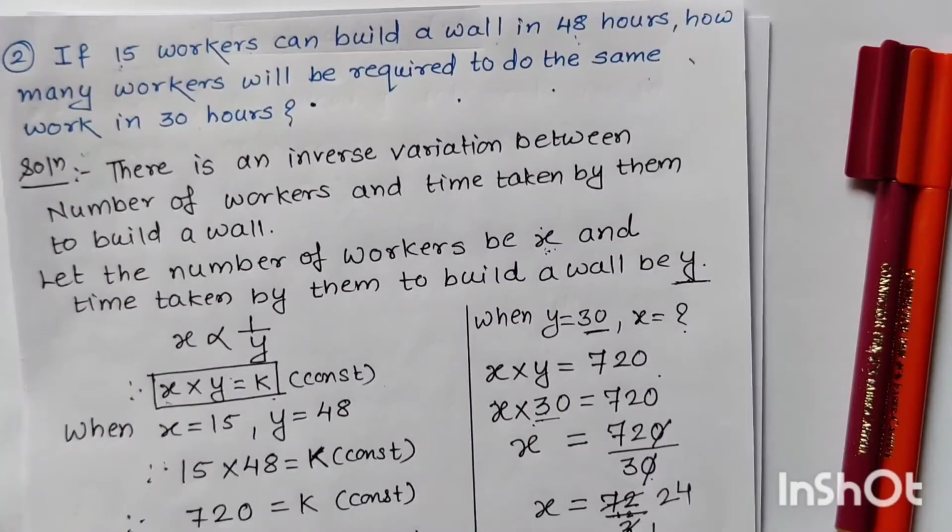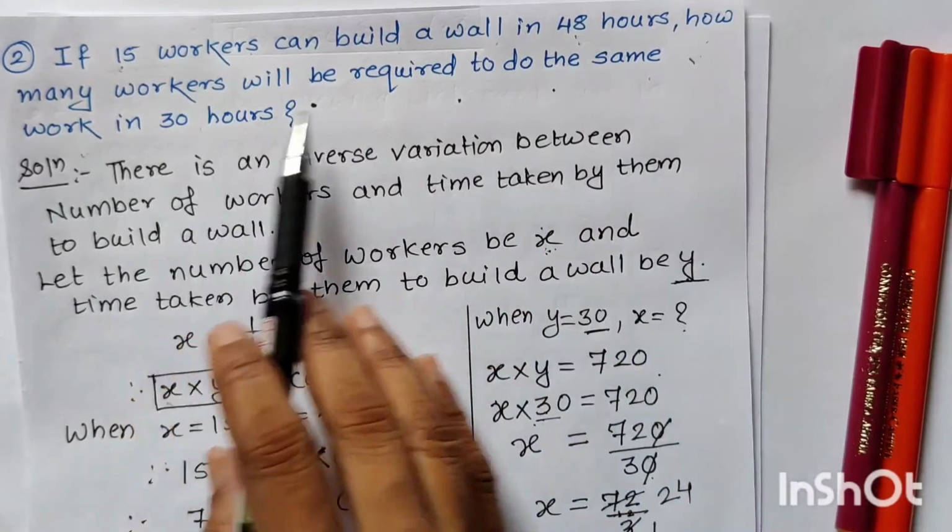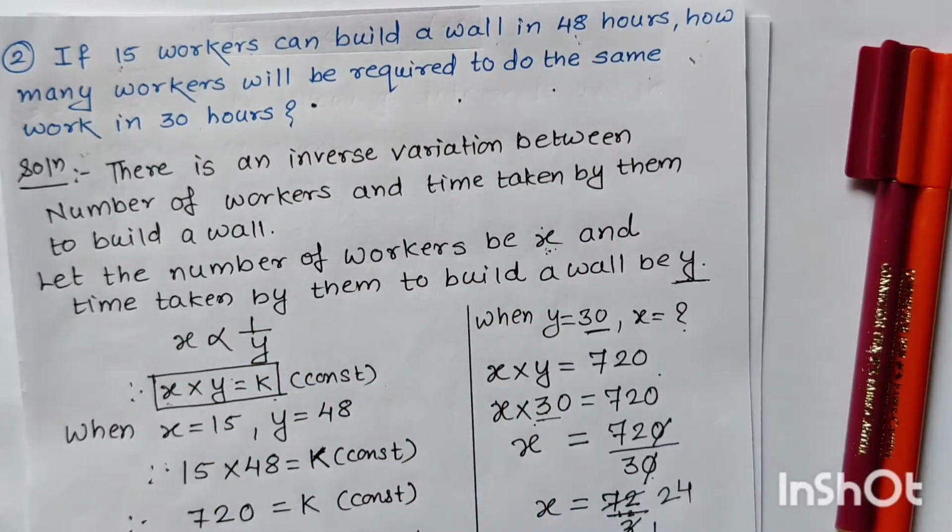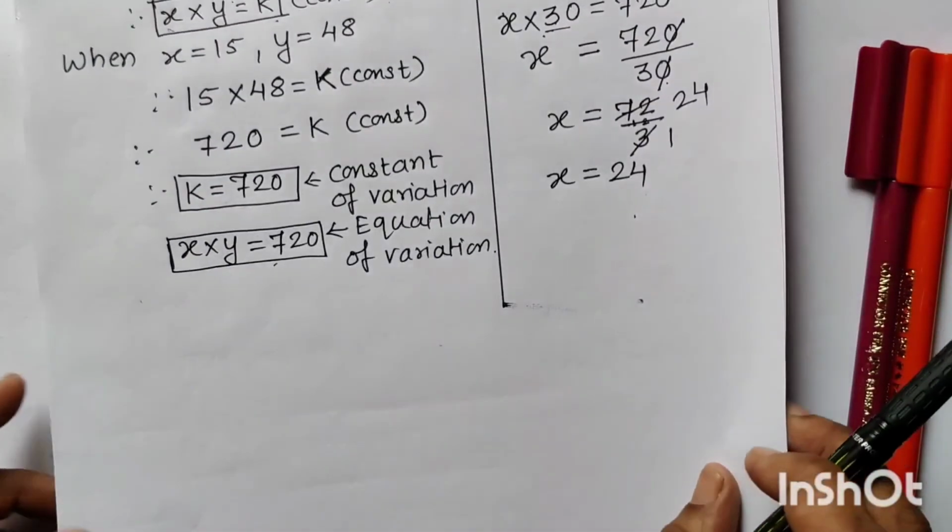Now if this is a word problem, we have to write the answer in statement form. What is the question? How many workers will be required to do the same work in 30 hours? So how do we write the answer in statement form?